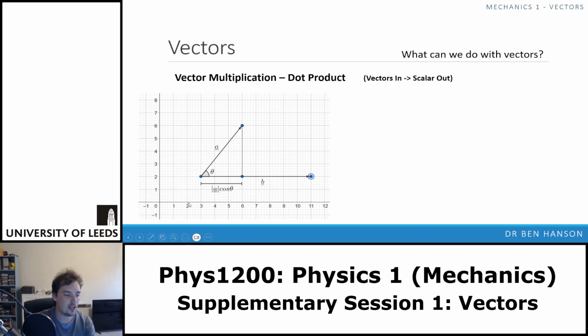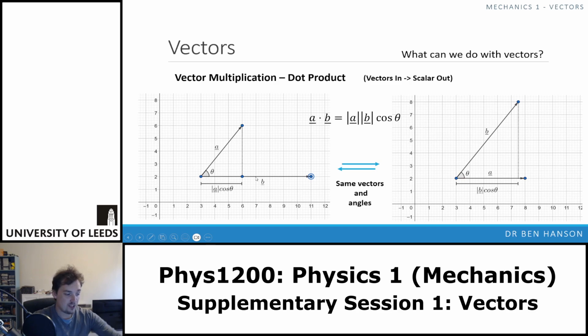And then I just want to multiply it by the length of B. So A dot B is the length of this vector times the cosine of the angle between the vectors to get the amount of this vector in that direction, and then multiply it by the length of B, which it turns out is mod A mod B cos theta. That is the conceptual basis of the dot product. That is why it is like that, because we're getting the amount of one vector in the direction of the other, and then multiplying their lengths together.